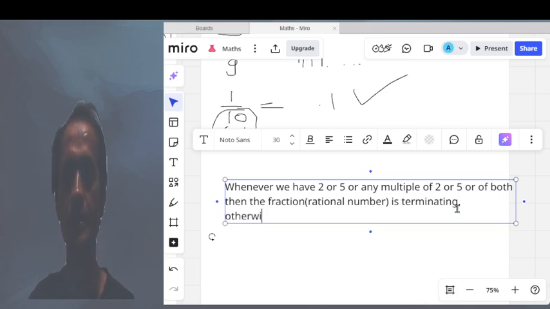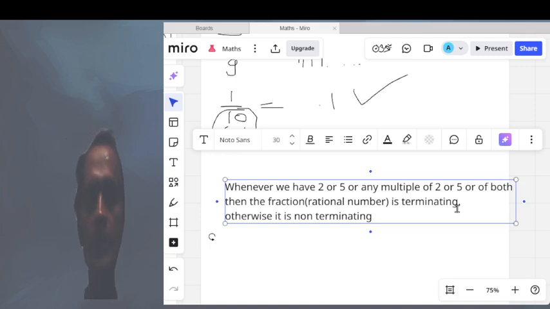Otherwise, it is non-terminating. So if we have 3, 7 or any prime number or any multiple of 3 or of any other prime number, then the rational number will be non-terminating.